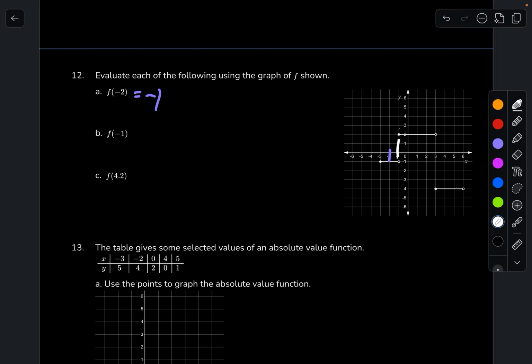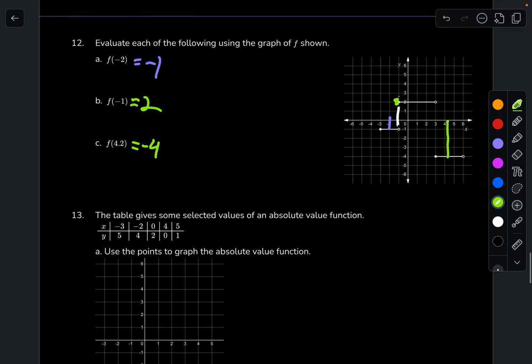So at negative 1, it's where they hand off. The closed part is upstairs at 2, not down there at the bottom at negative 1. So this is actually equal to 2. F at 4.2 just means we're over here in between 4 and 5, and we're down there at negative 4.